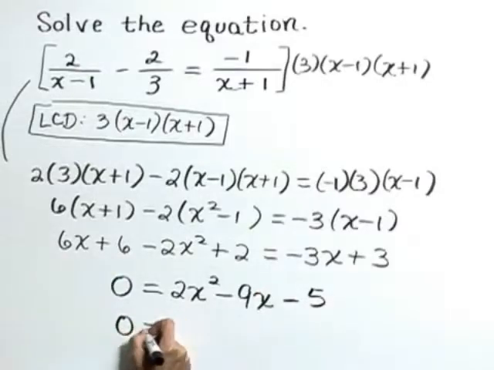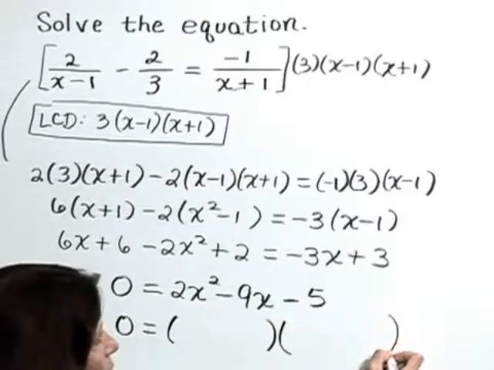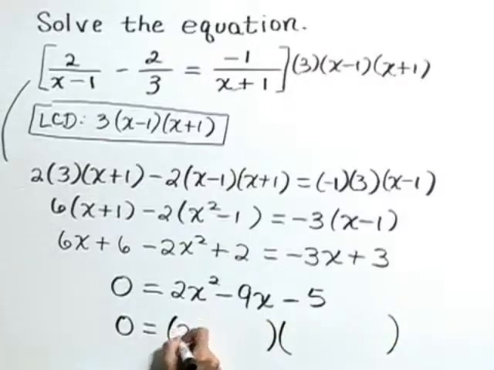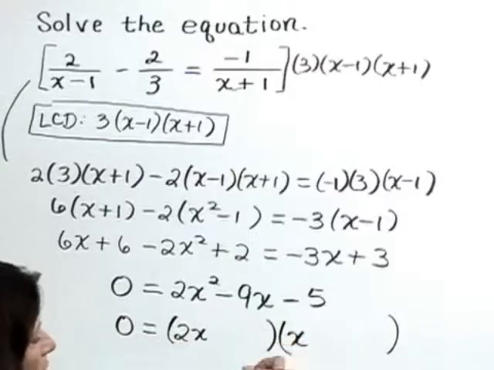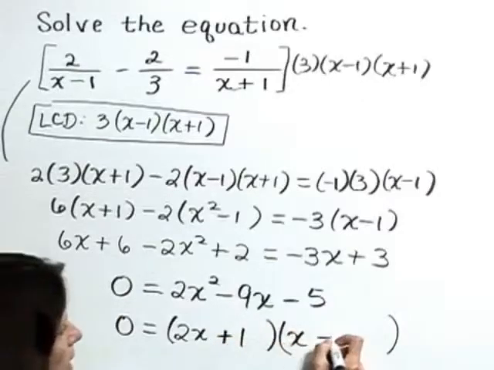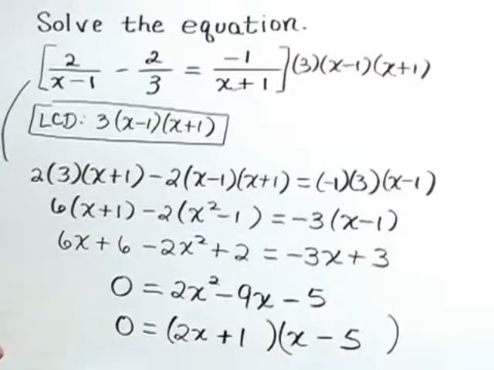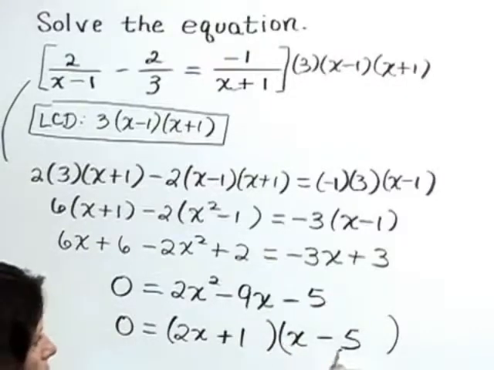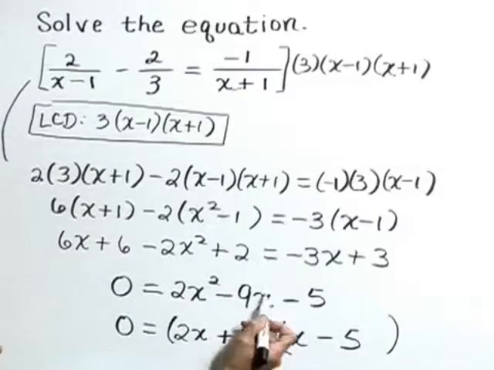Now let's factor this equation. If this trinomial on the right factors, it will factor as two binomials. The leading terms must be 2x and x to give a product of 2x squared. Our factors of negative 5 that are going to work in here are a plus 1 and a minus 5. Let's check that. Our inner product is positive x, the outer product negative 10x, and that gives this middle term negative 9x, so it's correct.